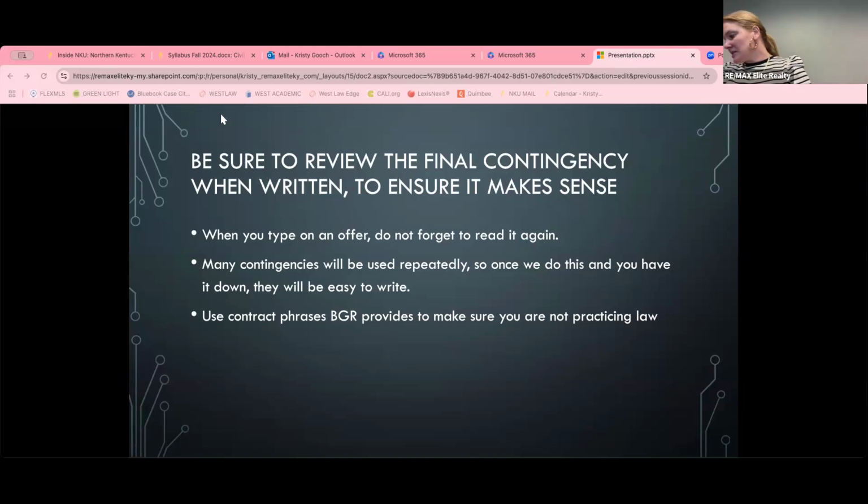So the next question is, let's write out what the fix is in actual sentences. So buyer to order and pay for a survey that divides up the 40 acres into 10-acre tracts of land. Sorry, I'm trying to type and look at the screen and it's not working.